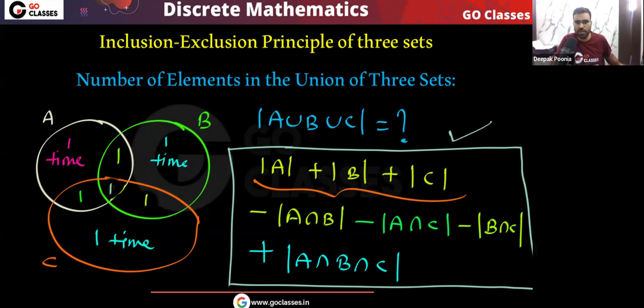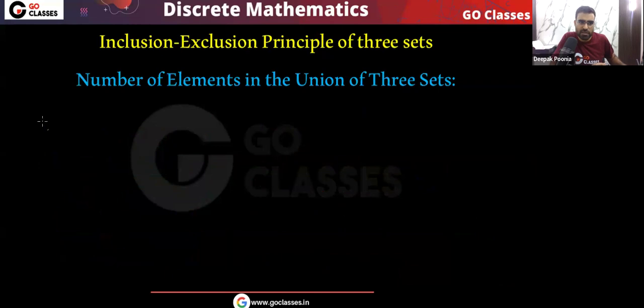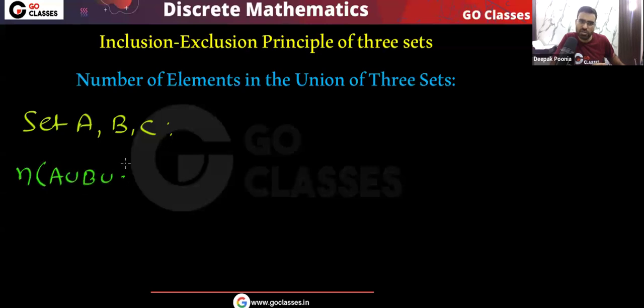Okay, so very interesting formula: if you have sets A, B, C, then the number of elements in A union B union C, that is basically size of A union B union C, will be equal to what? Very simple.